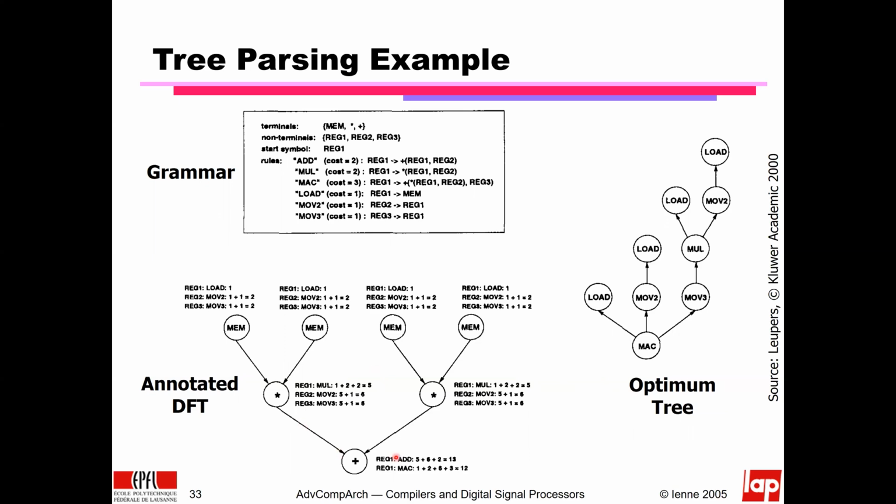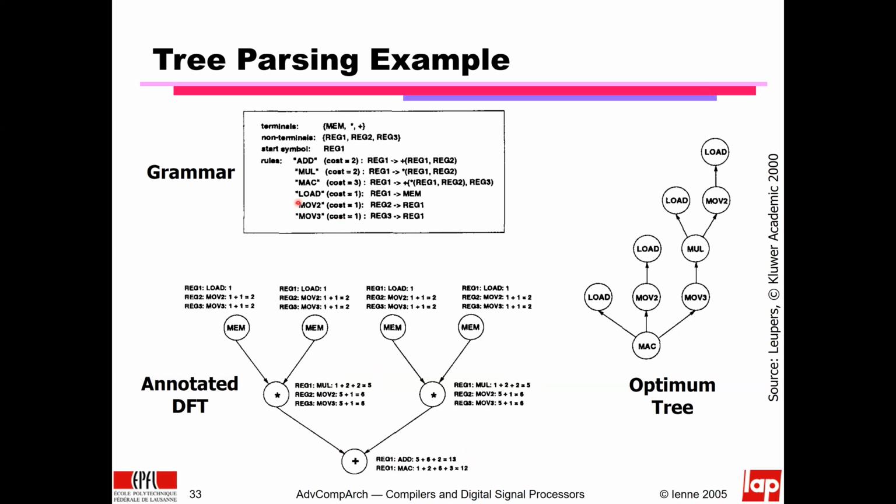And then you go down and you go down, and basically you figure out that there are 2 ways to bring the value into register 1 through 2 different instructions, and the total cost to achieve one or the other is different. So this is the optimal solution that you find here. So all this is nice and good. Again, it's maybe much more complicated because you have many more rules.